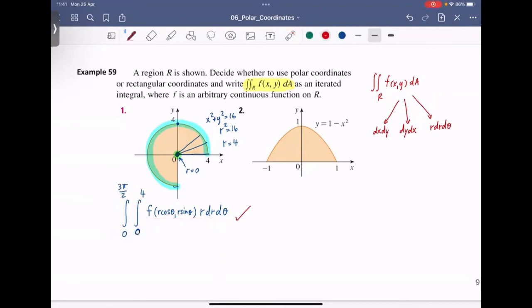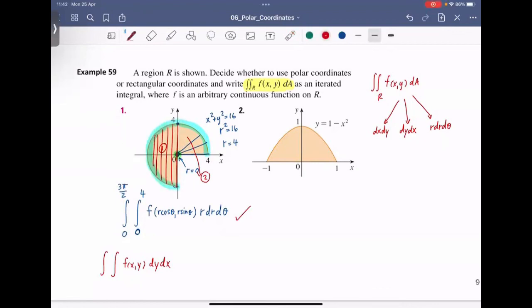If you don't want to do that, let's suppose someone says, we're going to do f of x, y dy dx because we like the vertical line. You can do that, but let's split the region into piece number 1 and another piece number 2. Starting with number 1, this is your bottom curve and this is your top curve.